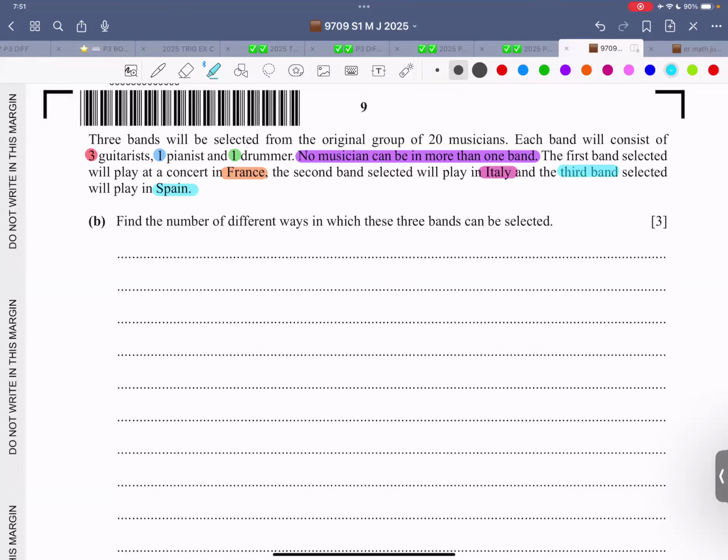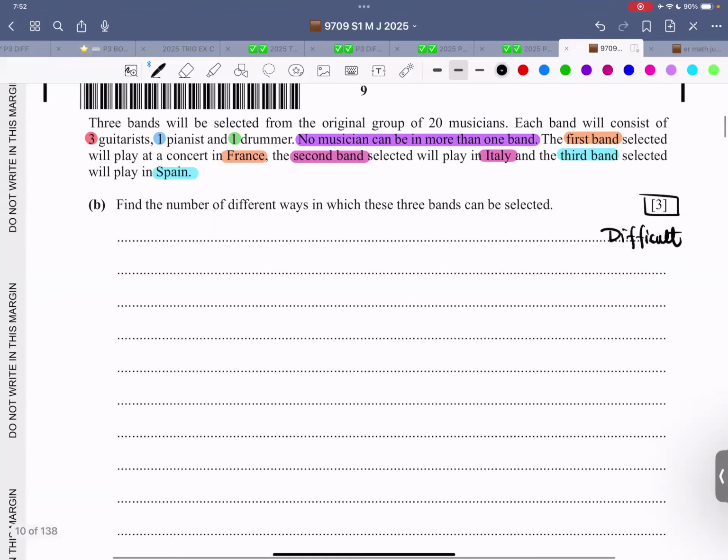Now, find the number of different ways in which the 3 bands can be selected. Of course, they have given lesser marks, that's not the issue; they have given us lesser marks because it's kind of difficult, since location is involved and no musician can be in more than one band, and so on.